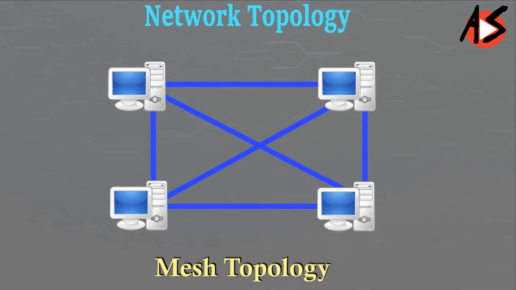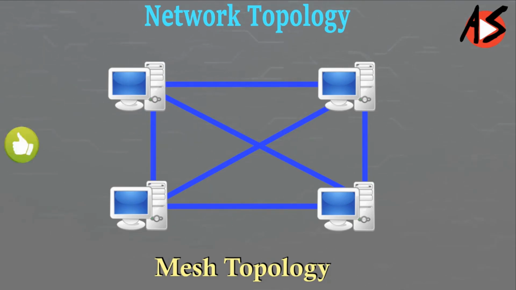And the total number of dedicated links required to connect them is n(n-1) divided by 2. That means here we require 4 times 3 divided by 2 equals 6 links. You can see here 1, 2, 3, 4, 5, and 6 links.